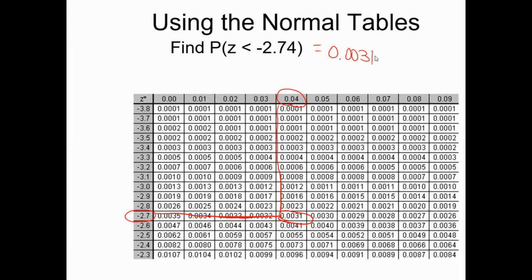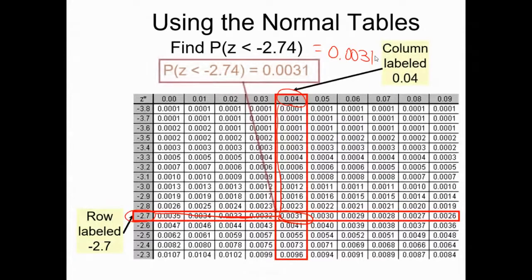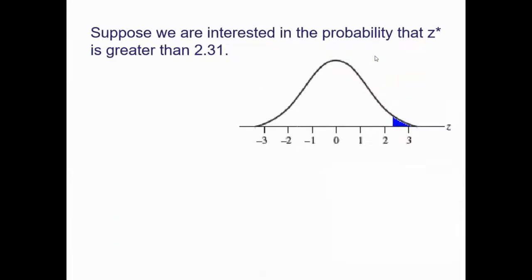Do we feel okay dealing with these tables? Okay, so let's suppose now that we're interested in finding the probability that z is greater than 2.31.